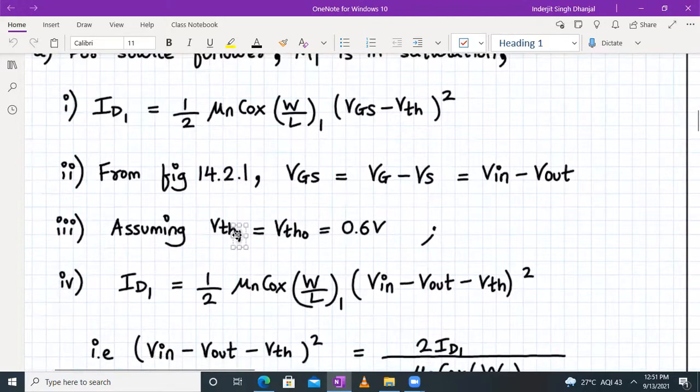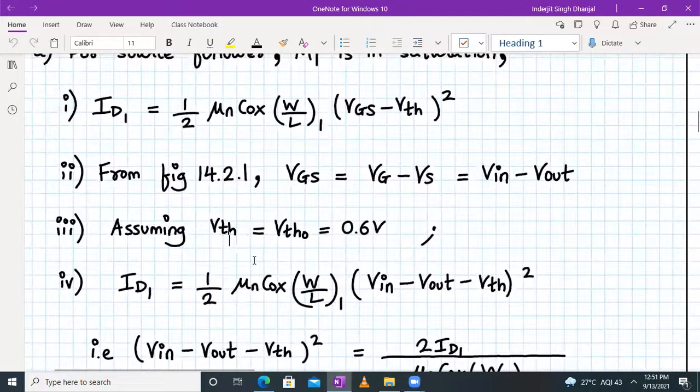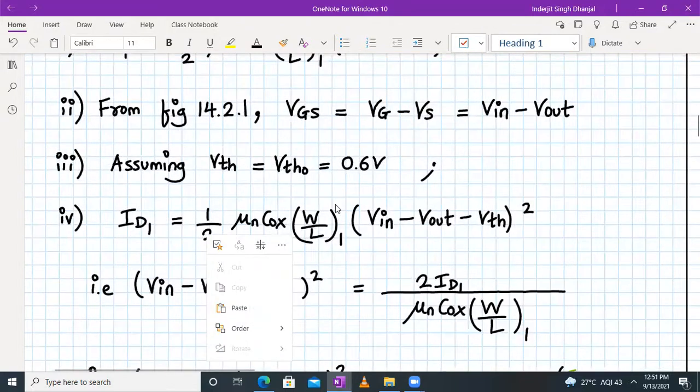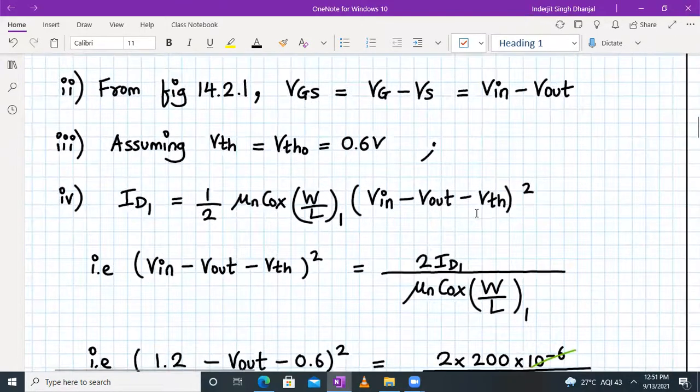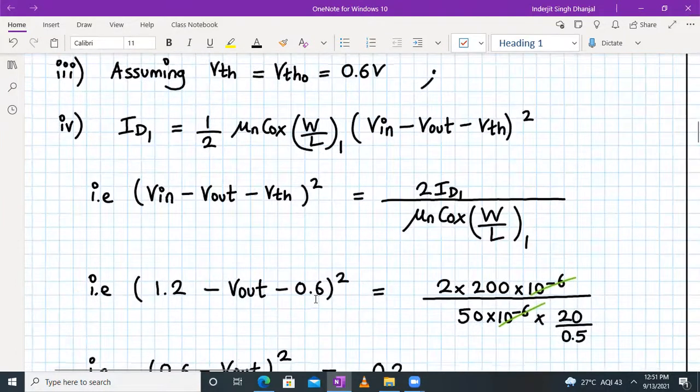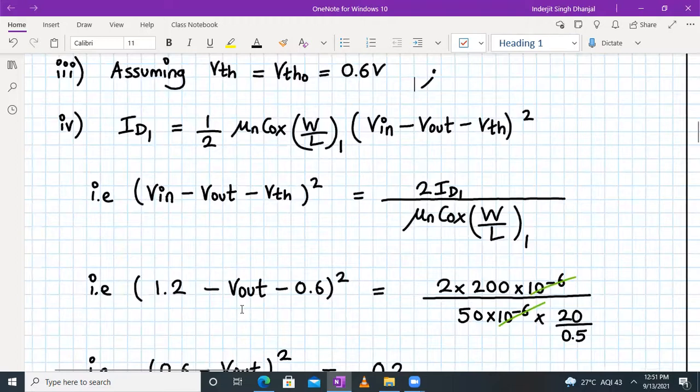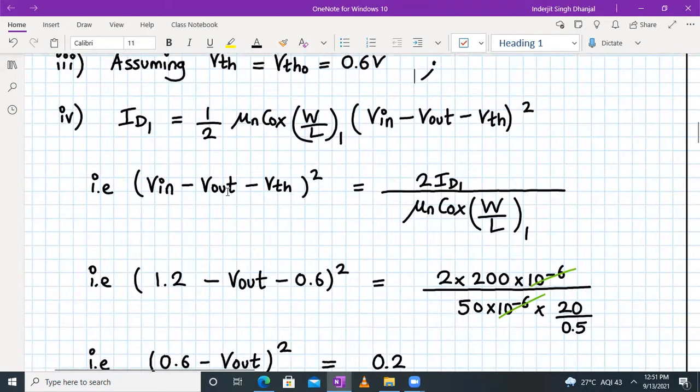And then we calculate the value of ID1. ID1 will be half mu n Cox W over L of 1, and instead of VGS, we substitute Vin minus Vout minus VTH, the whole square. From here, for Vin equal to 1.2 volt, we have to calculate the value of Vout. So we take this (Vin minus Vout minus VTH) squared on one side, and all the rest of the terms on the other side.